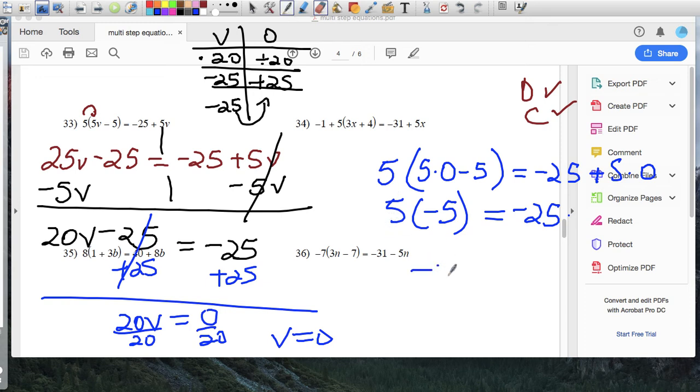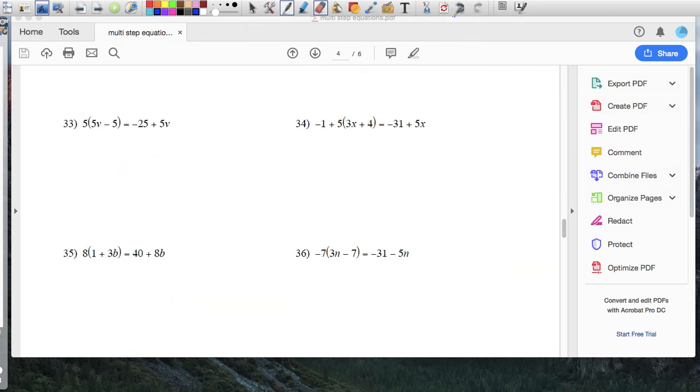Positive 5 and negative 5 is negative 25, and that gives me negative 25 on that side. And we're good. This question, 33. Now we have to do 34.